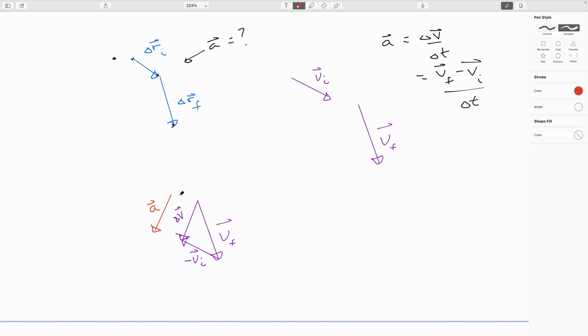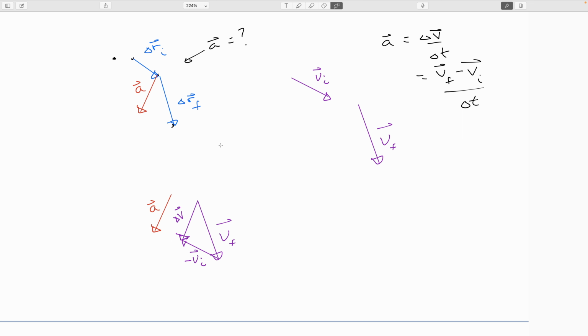So there's my acceleration. Now, here's the thing. Let me go ahead and make a copy of my acceleration. Copy, paste. If I put it where it is here, you'll notice it doesn't point in any particular special direction.